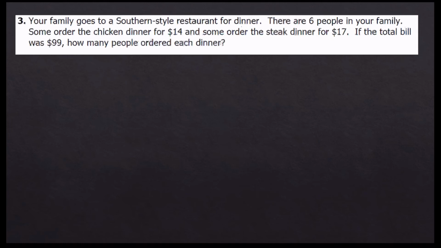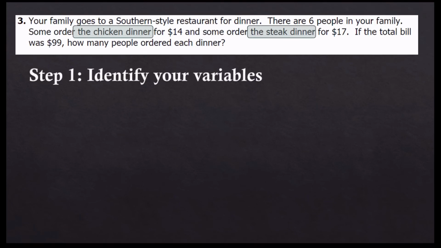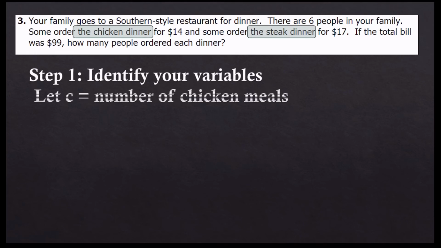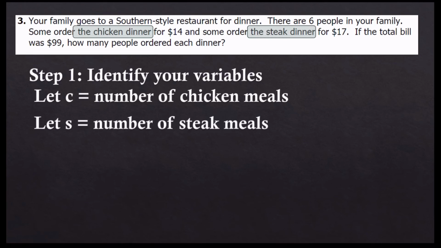Well, let's go look at this. There was a chicken dinner and a steak dinner. So some ordered chicken, some ordered steak. So let's define our variables, because we're looking for how many ordered each one. So I can say let C equal the number of chicken meals, and let S equal the number of steak meals, because we're looking for how many of each.